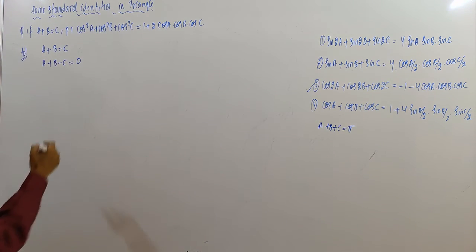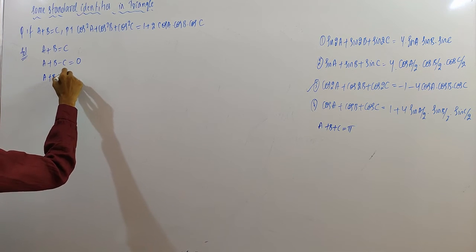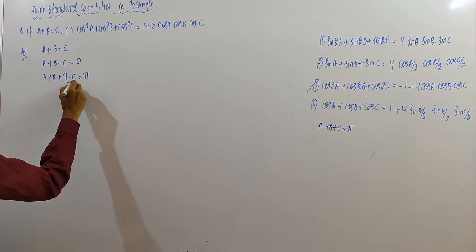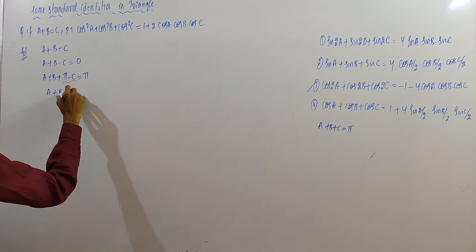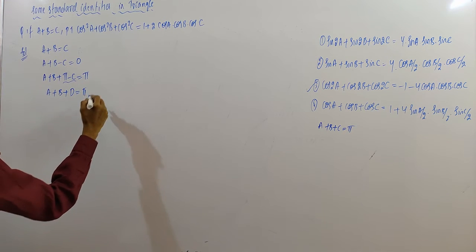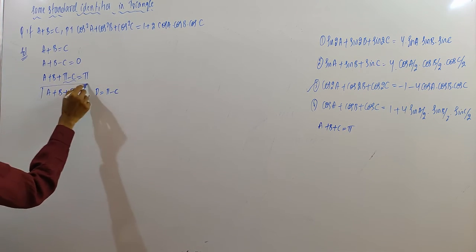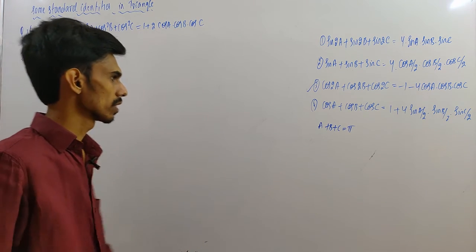So add pi on both sides. We have A plus B plus pi minus C is equals to pi. Now take this as some other constant D is equals to pi. That is, we have taken D value as pi minus C.